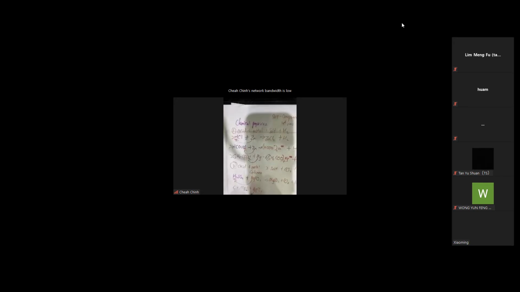So magnesium substitutes it, and what you get will be (CH3COO)2Mg, carbon dioxide gas and water. Then balance here: CH3COO got 2, H also got 2, so this one put 2.